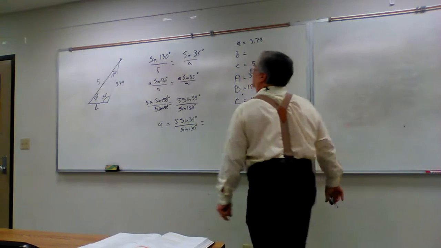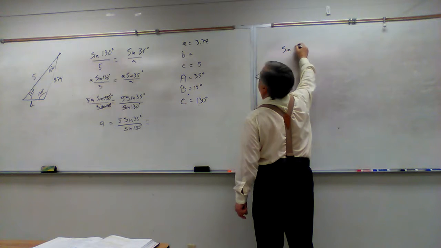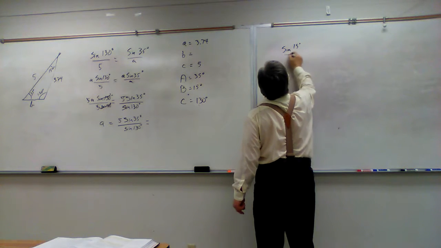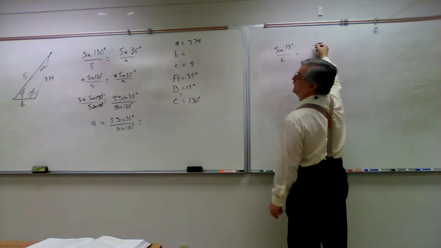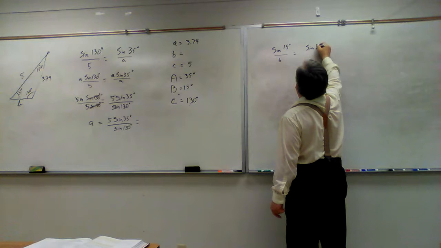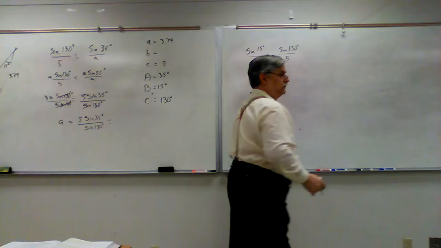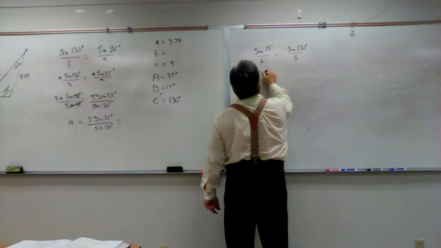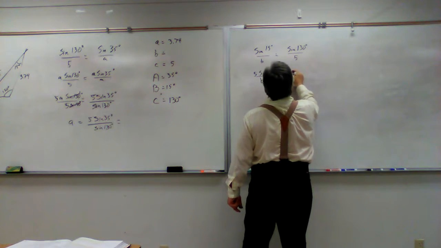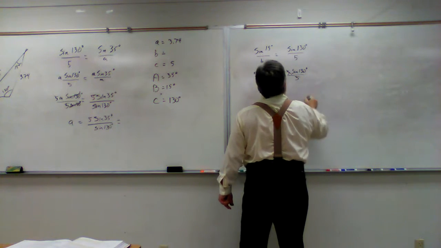And now let's finish this up with solving for B. We know that sine of 15 degrees divided by B is equal to sine of 130 degrees divided by 5. Multiply both sides by 5. And they cancel.